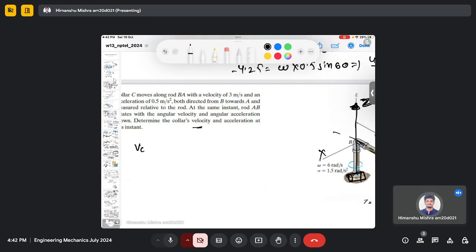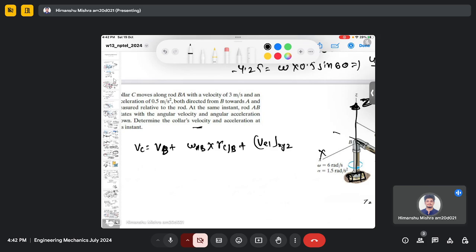So it is Vc equals Va plus omega AB cross R C with respect to, sorry, it's B, plus the contribution of the relative velocity.